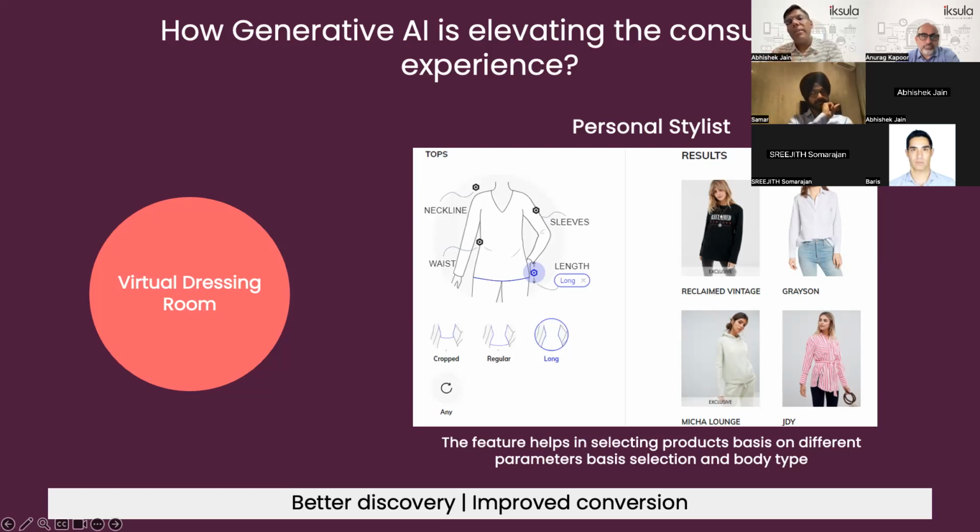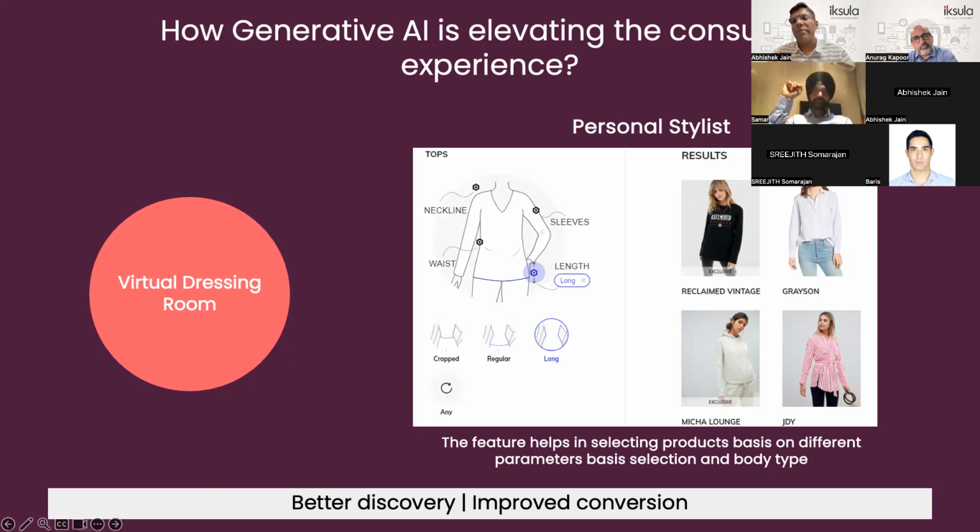The next thing related to the dressing room is the personal stylist. Again, the concept that we spoke about, tags, is being leveraged to understand what would go with a t-shirt, which denim would go, which accessories would go. The tags are fed into the AI models, and AI suggests that this accessory or this denim will go with this shirt.